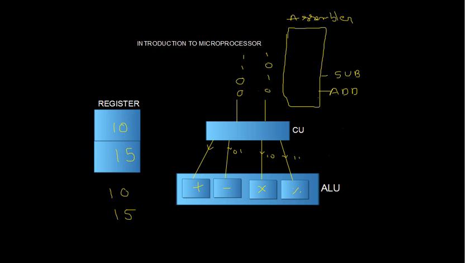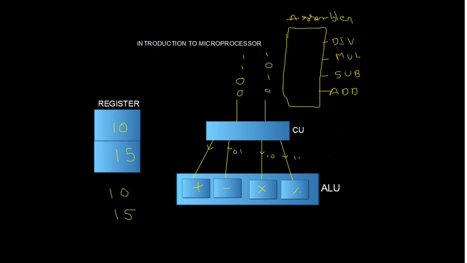Similarly, for multiplication the opcode is 10, and for division the opcode is 11.